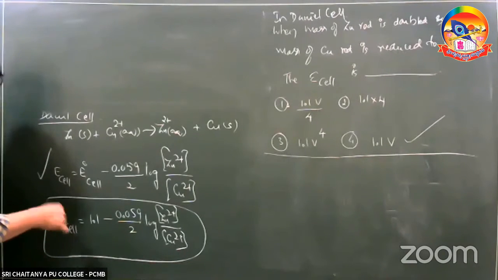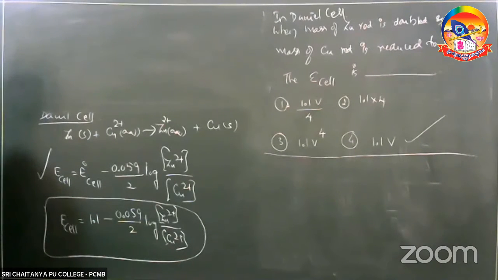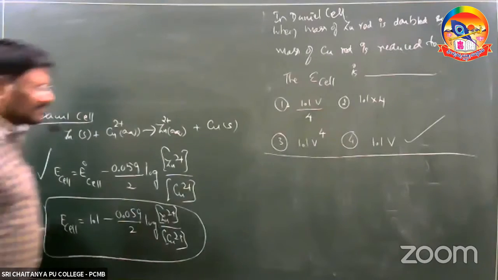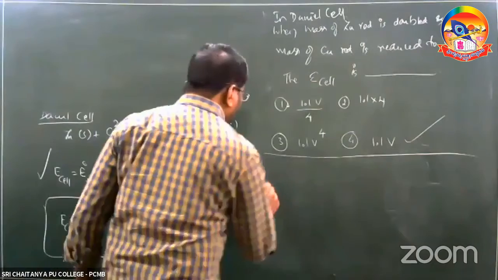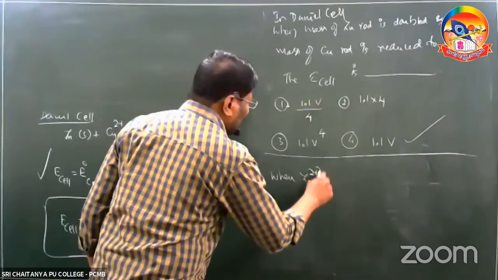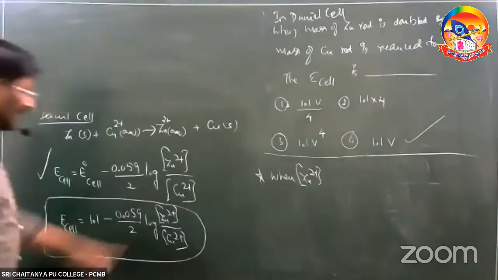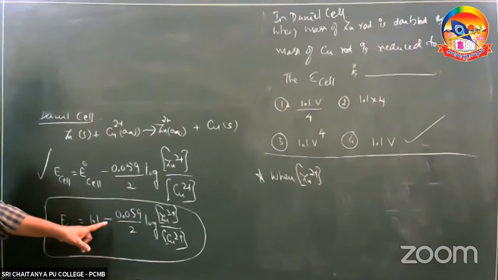Which one should be increased or which one decreased? Here, when Zn2+ is considered, a minus symbol is there.